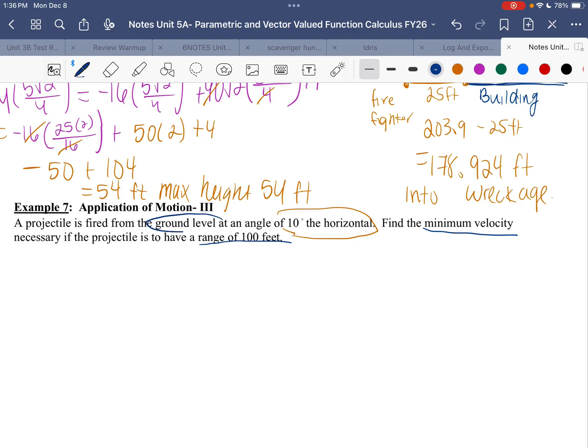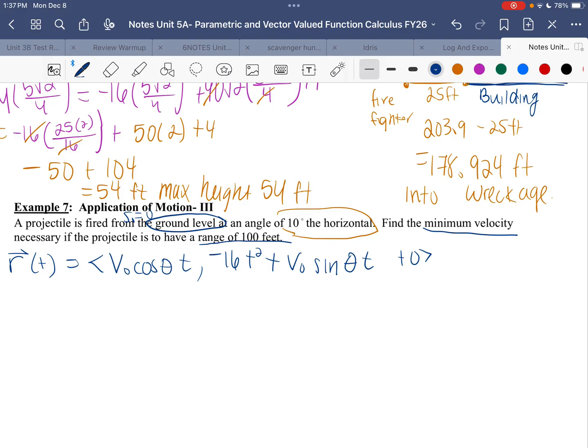So ground level means S naught is 0. So our R of t is going to be V naught cosine theta t, and then negative 16t squared plus V naught sine theta t plus 0.